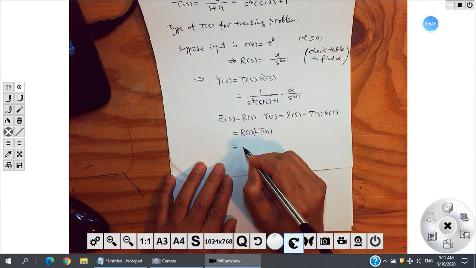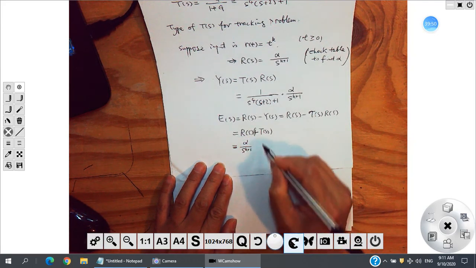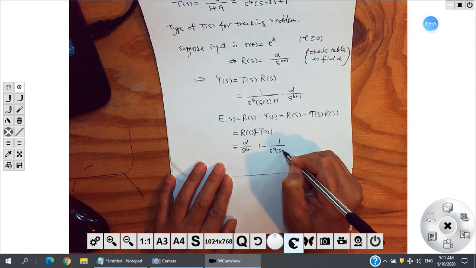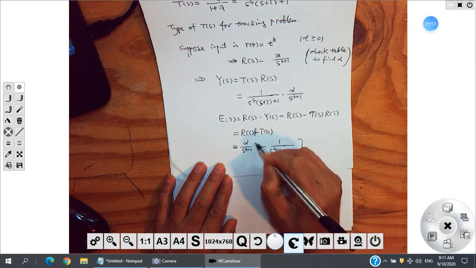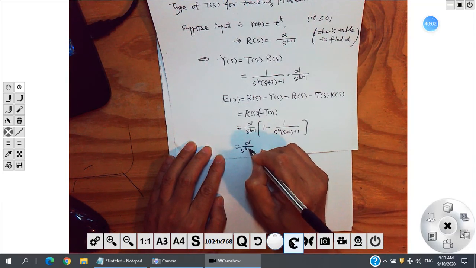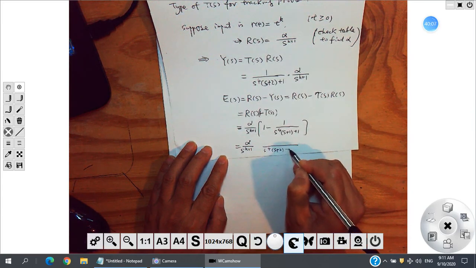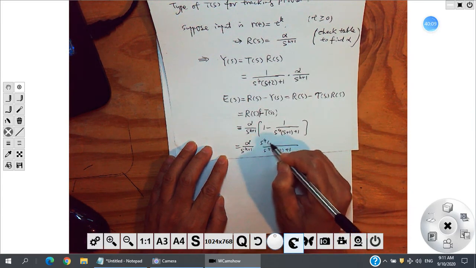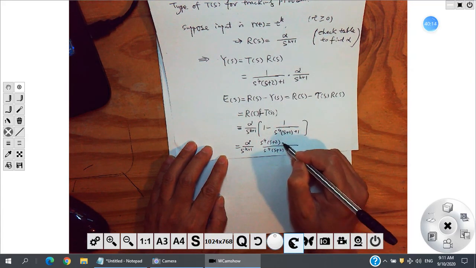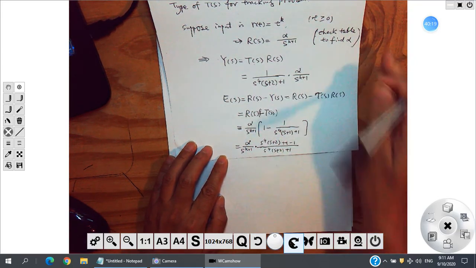R is alpha over s to the k plus 1, times 1 minus 4 over s times (s plus 2) plus 4. So this is alpha over s to the k plus 1, times s times (s plus 2) plus 4 minus 4 over s times (s plus 2) plus 4, so the plus 4 minus 4 cancels. This is E(s).